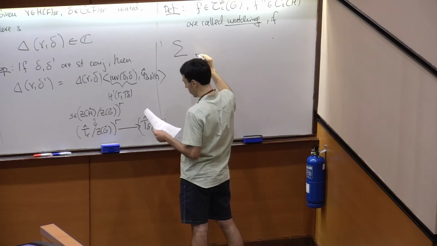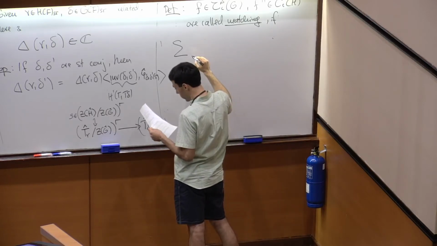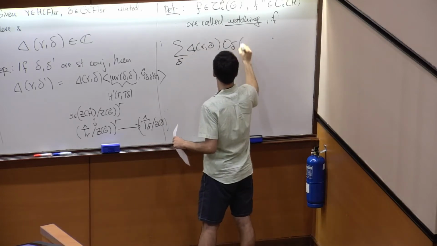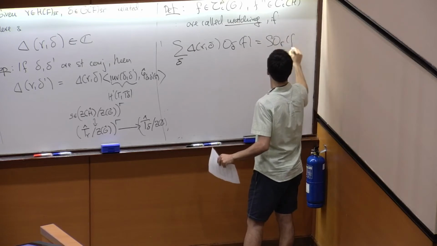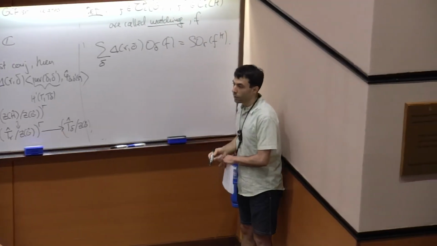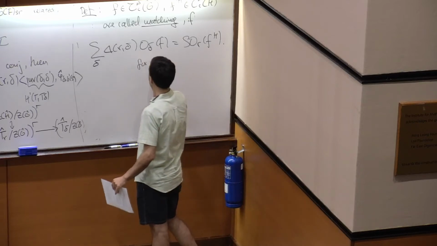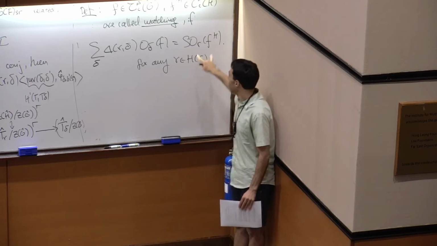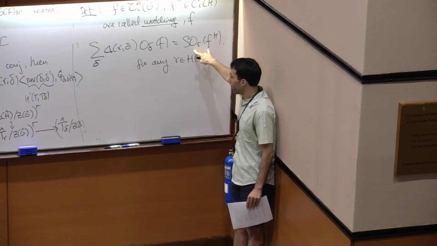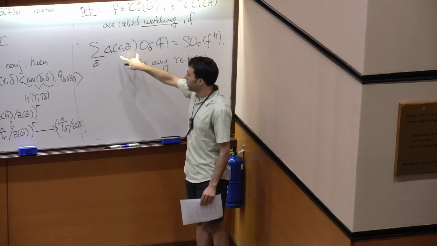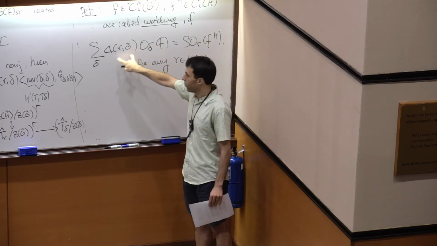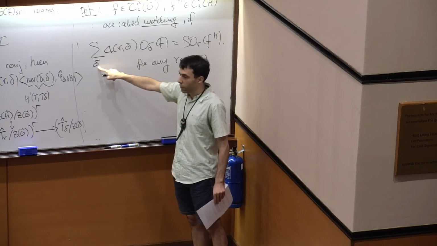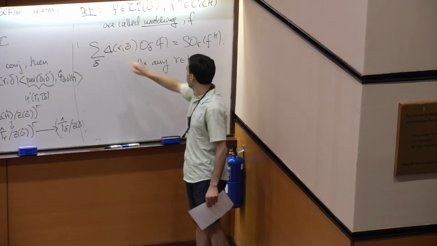If this equality holds for any f point in H, we have the stable orbital integral, which we defined last time, and would like it to be expressed in terms of f in this way, where delta runs over conjugacy classes in G. This sum is finite because for almost all regular semisimple conjugacy classes this is going to be 0.